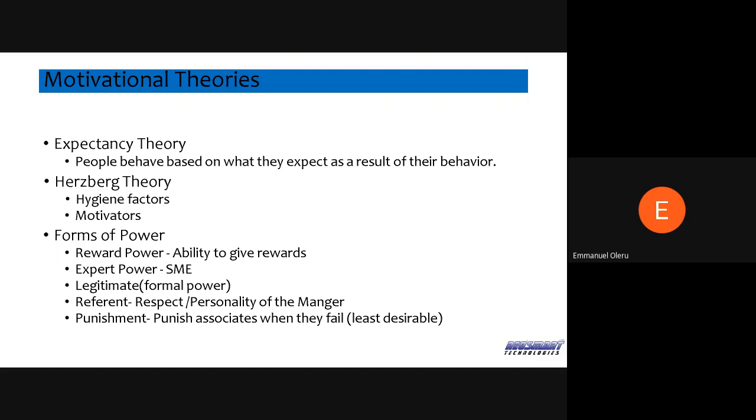Examples: achievement, completion, responsibilities. Some people are motivated by giving them more responsibilities as they proceed with their work. So the key thing is that Herzberg is trying to say that to motivate people, don't only do things that will prevent dissatisfaction. Also actively create satisfaction.